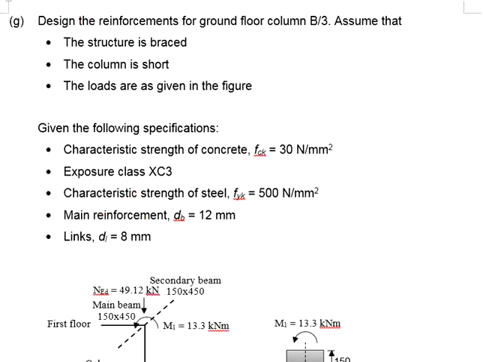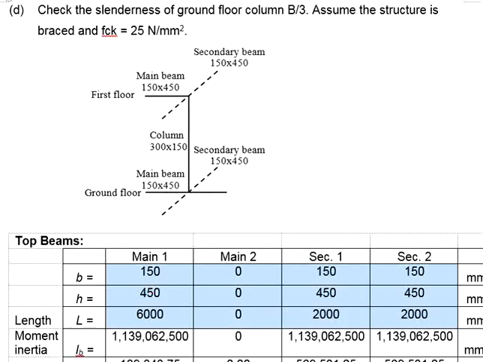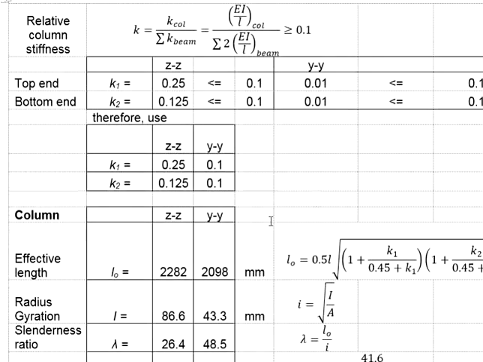Since the question here does not provide the effective length, we may refer to the relevant information from our previous calculations. We refer to sub-question D here, where the structure is placed. From the calculations, we acquire the effective length.